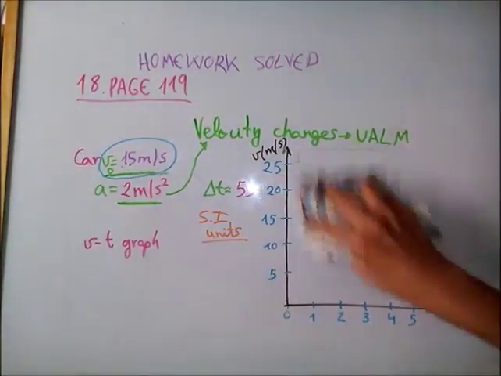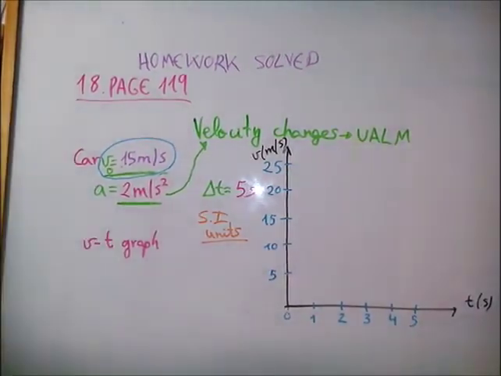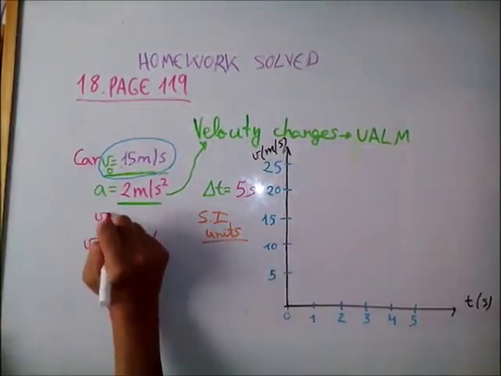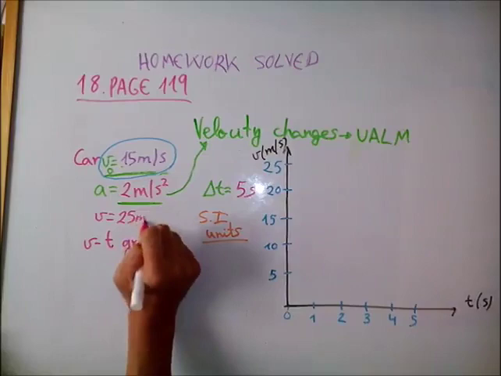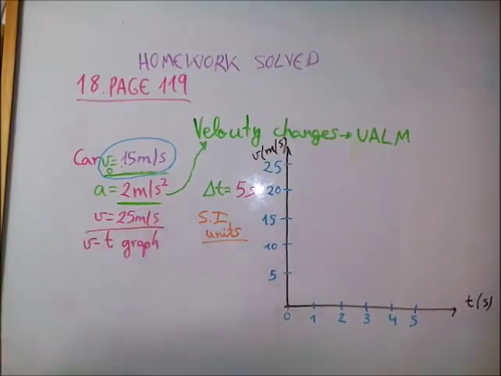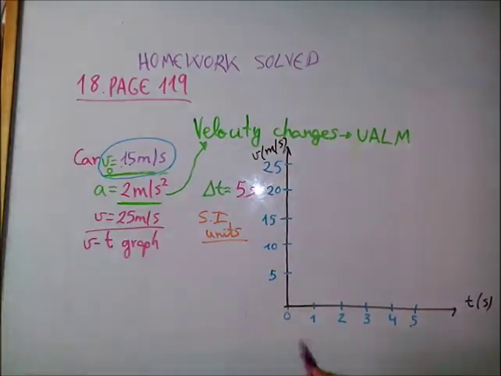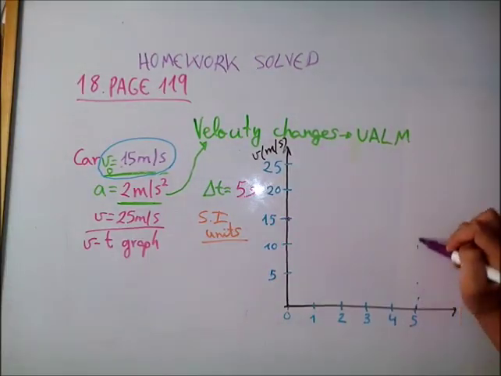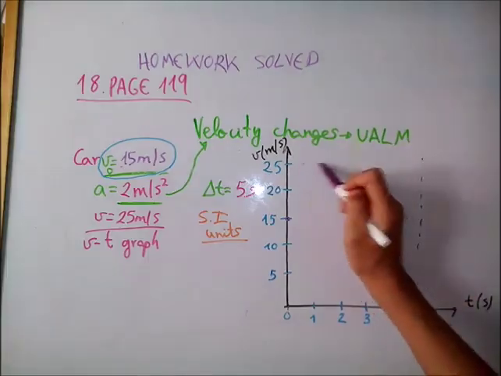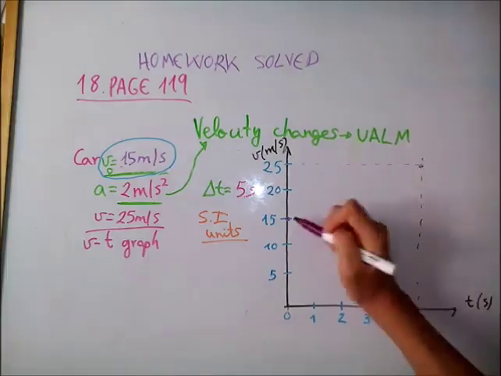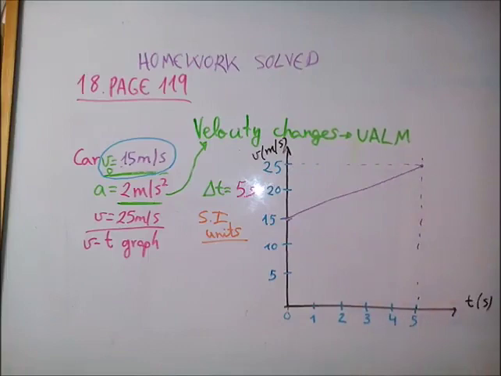I'm gonna write in here the data. So we have our final velocity equal to 25 meters per second, and then we're going to represent this, okay? So the initial velocity is 15 meters per second, and the final velocity is equal to 25 meters per second. So we join this together, and this is the velocity-time graph.